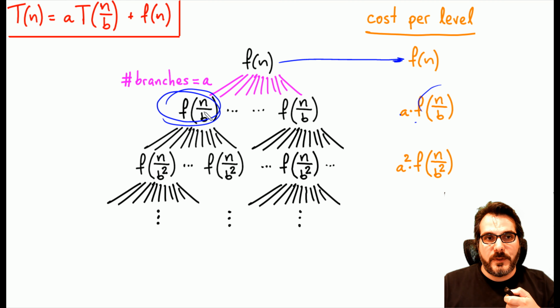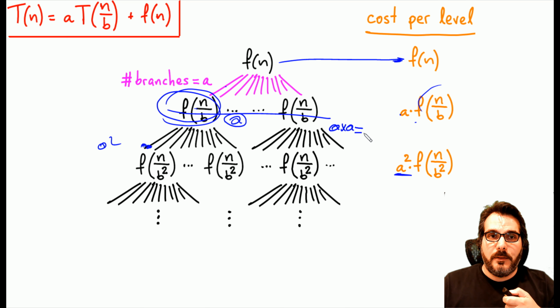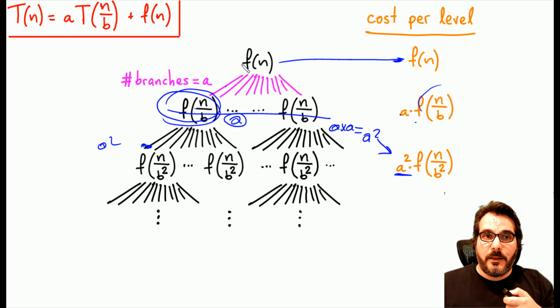Since we are recursing once again, we have n over b squared, but this time we have a squared branches in total. Why? Because we have a branches at this level, and for each branch I will be branching a times, so a times a is a squared.